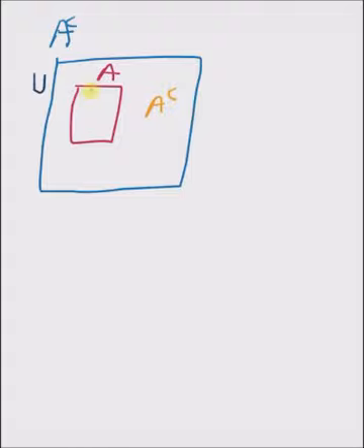So in a complement set, the elements that are in the universal set but not in A are included.